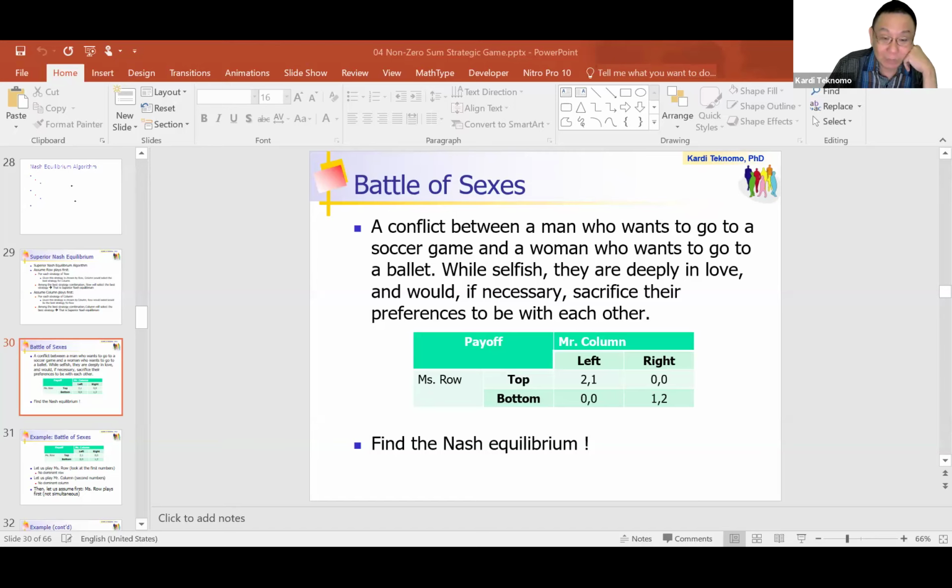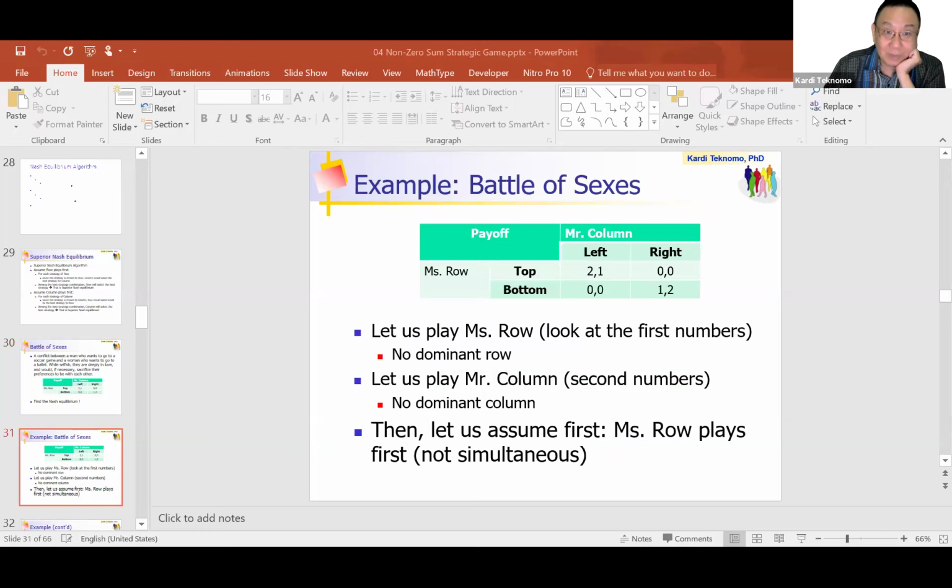So how to find the Nash equilibrium? Let us play first as Miss Row. Check the domination first.